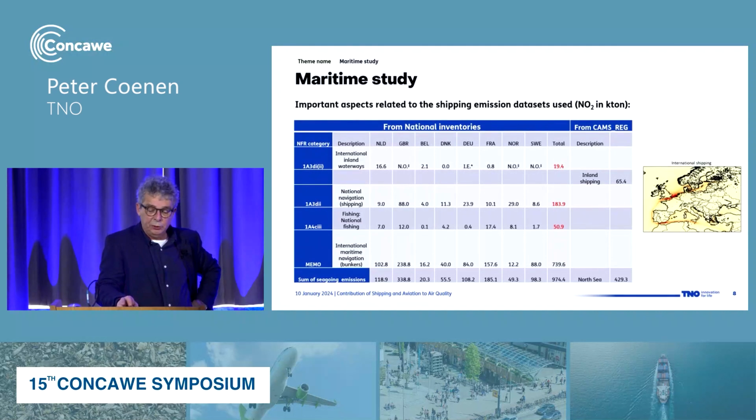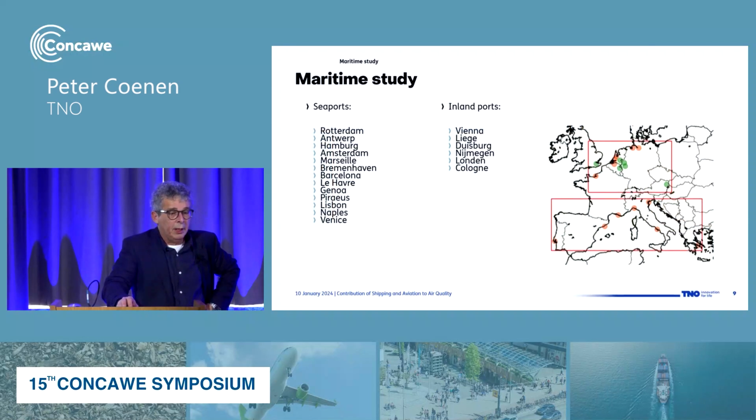So that's why we use the CAMS regional data set. And we calculate for these ports, I don't mention them all, you can see all major and interesting ports are in there. Inland ports are not that many because they are concentrated around the big rivers in Europe.